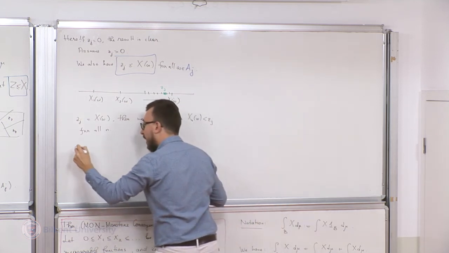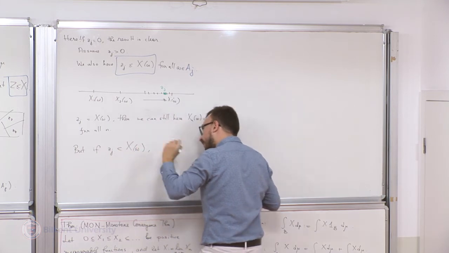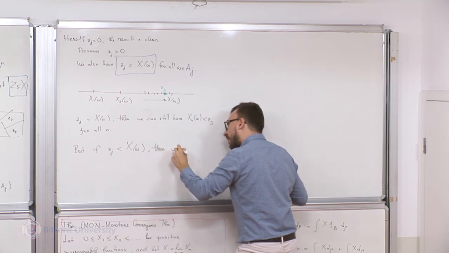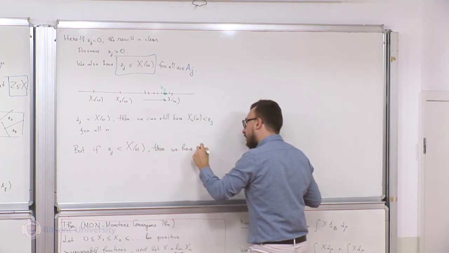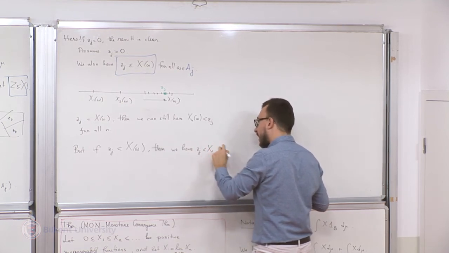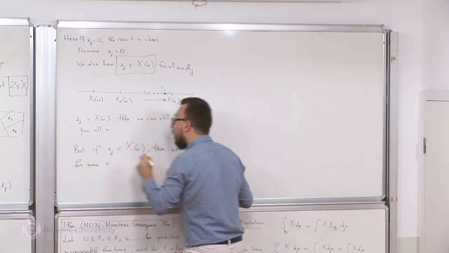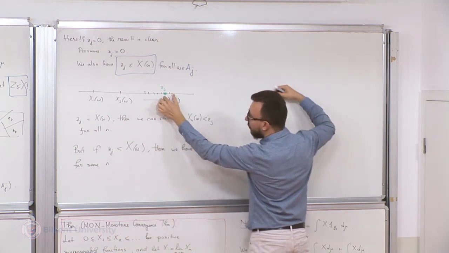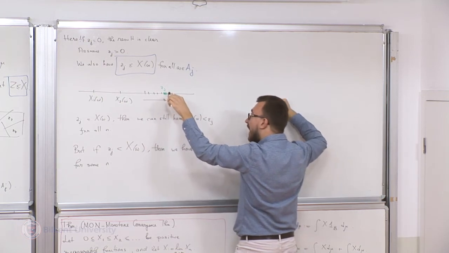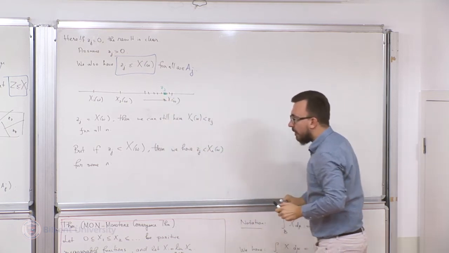But if you have Zj strictly less than x of omega, then we have Zj less than xn of omega for some n. So if Zj is strictly below x of omega, and since this sequence is converging to x of omega, there must be some value of n for which Zj is strictly below xn of omega, right?